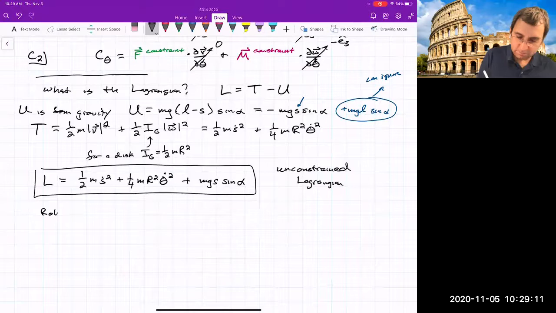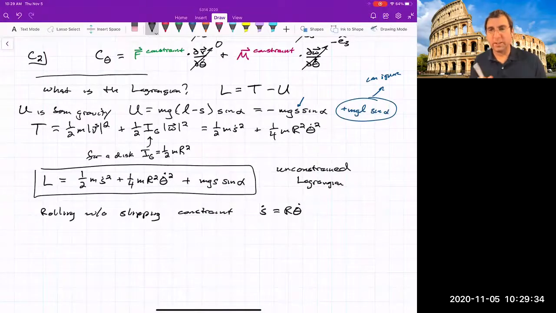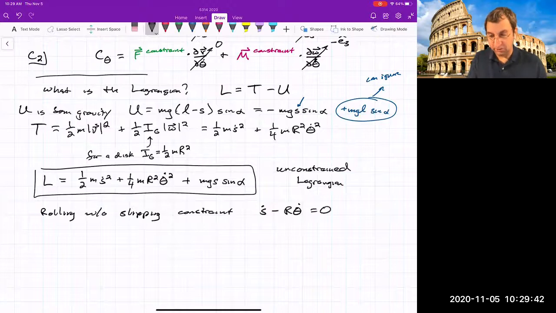The rolling without slipping constraint, and I think we mentioned this in an earlier one, instead of s we used x, but we've got s dot equals r theta dot. But we want to write this in the form of something equals 0, so just move these around: s dot minus r theta dot equals 0.